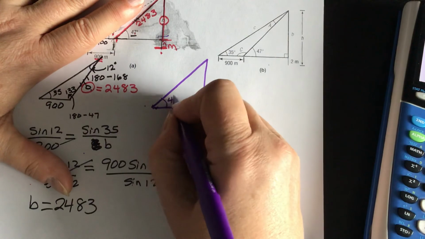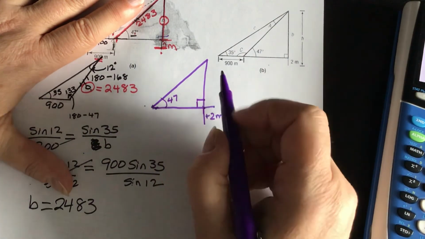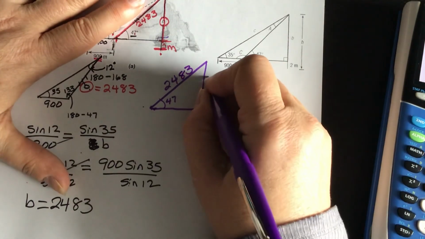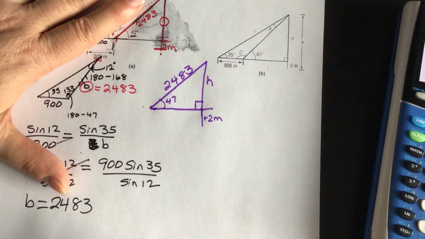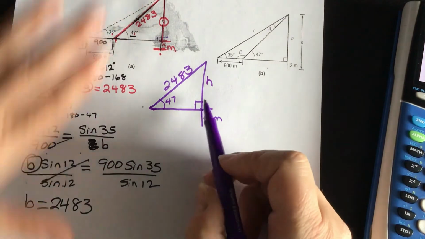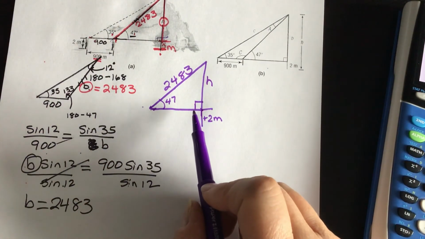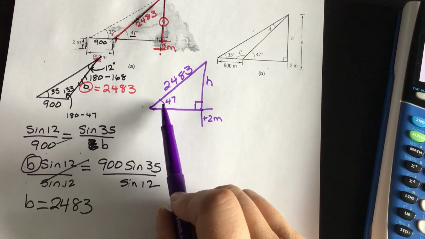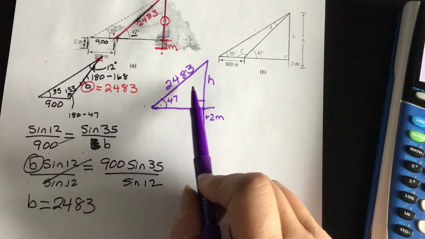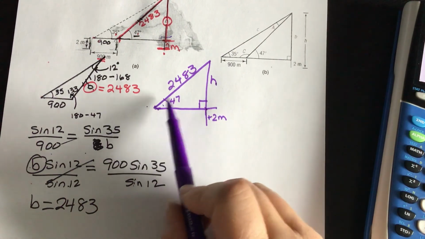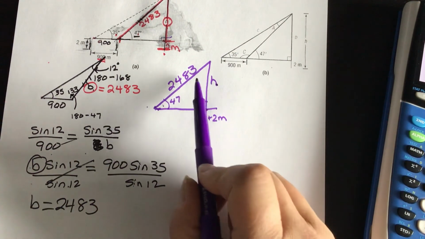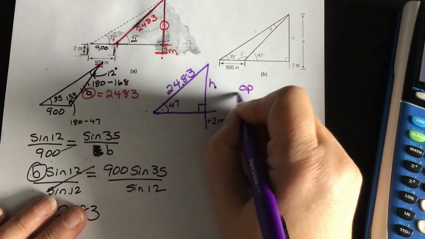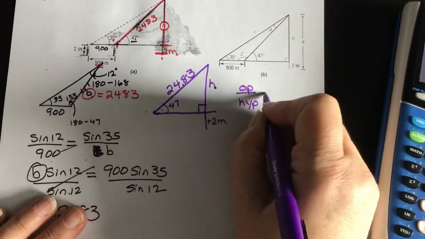This angle is 47, and this is 2483, and I want to find this height. Now, this is a right triangle. So I can use a trig ratio that involves the height, which is the side opposite, over the hypotenuse. Opposite over hypotenuse is sine.